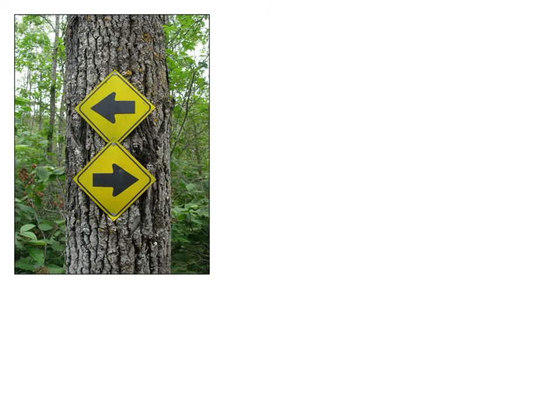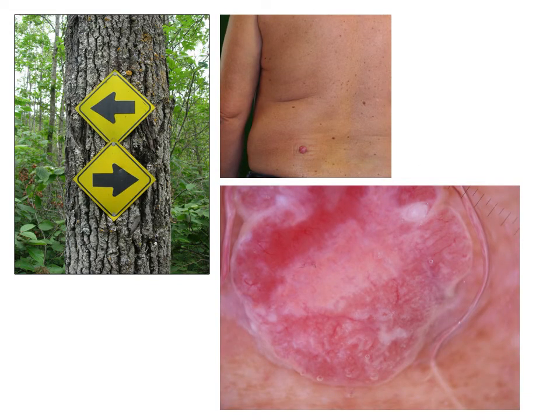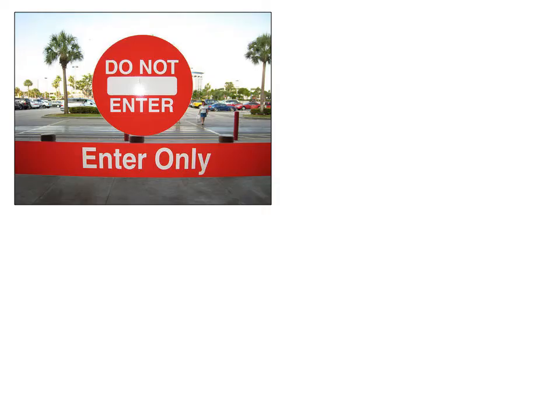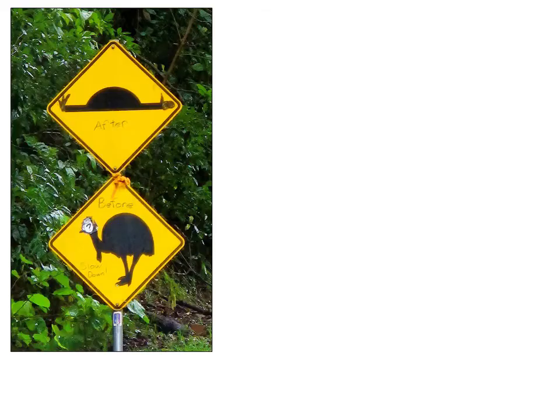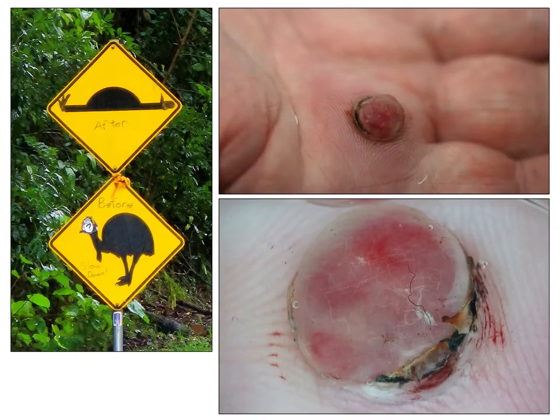But unfortunately, these aspects are also confusing and non-specific. You will observe an atypical vascular pattern in amelanotic melanoma, but also in ulcerated basal cell carcinomas, and unfortunately also in one benign condition, pyogenic granuloma.